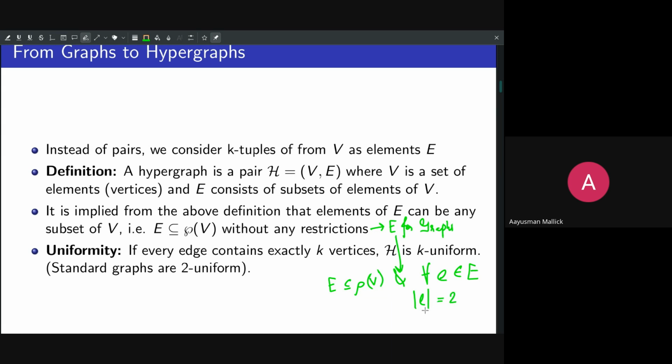That is, all edges are 2-tuples. This would have been our restriction.